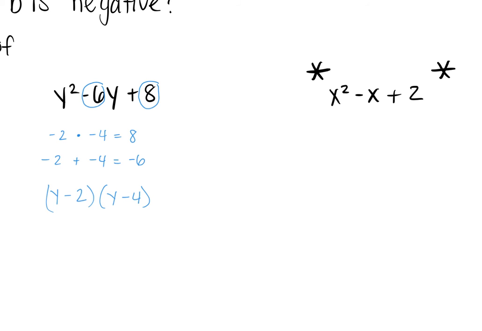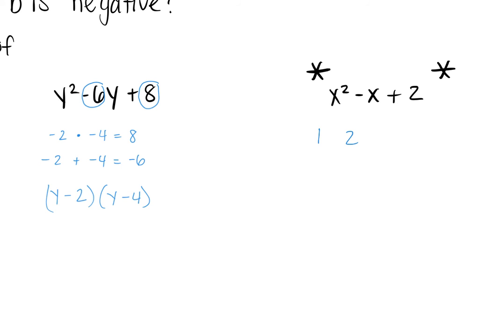Okay, did anyone figure it out? Ashton? Is it negative 1x? No. If you didn't figure it out, that's a good thing. This one you can't factor, okay? There is no combination, because what are the only factors of 2? 1 and itself.